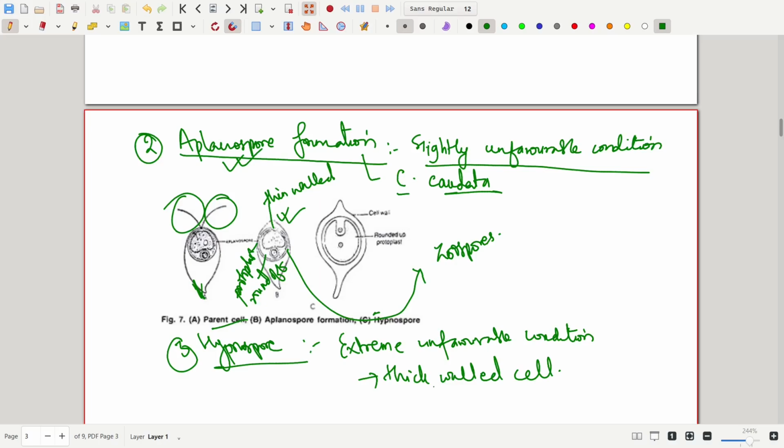That is why it can withstand extended periods of unfavorable condition and start to germinate as soon as the conditions improve.